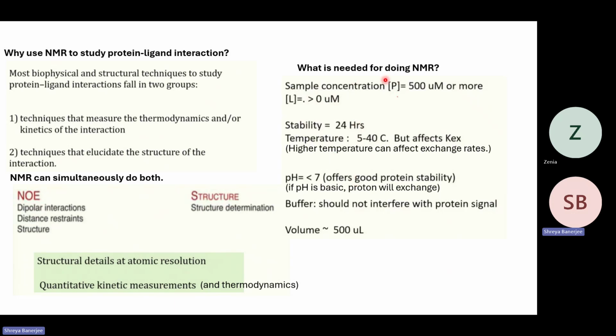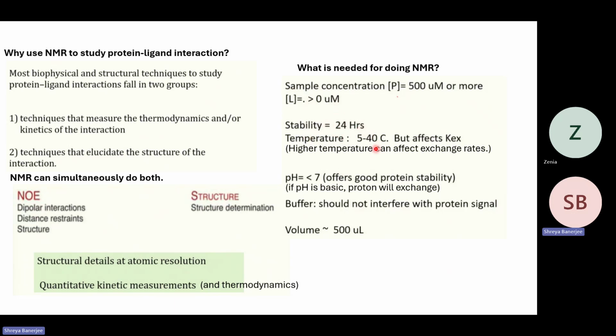You need a protein concentration of 500 micromolar or greater, and the ligand concentration is titrated according to its binding with the protein. The protein ligand complex must be stable up to 24 hours, because sometimes the 2D NMR experiments can take up to 24 hours also. So the complex must be stable for that entire time.